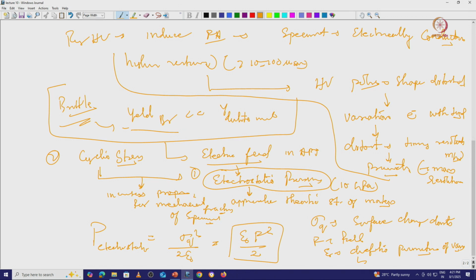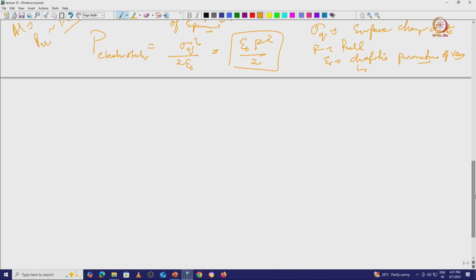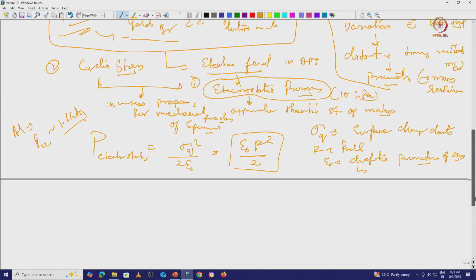So for aluminum, the value for electrostatic pressure is almost 1.6 GPa. This is the pressure induced in the material, which can lead to early fracture of the samples.